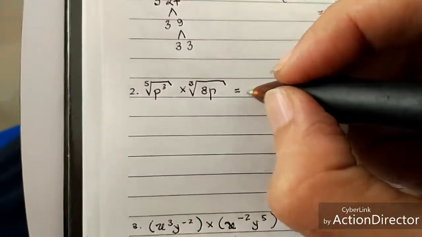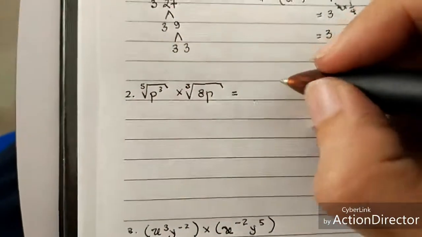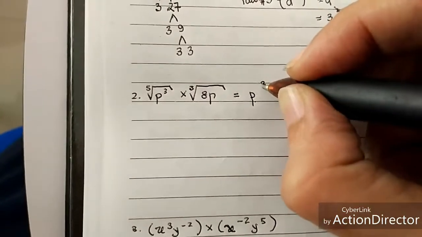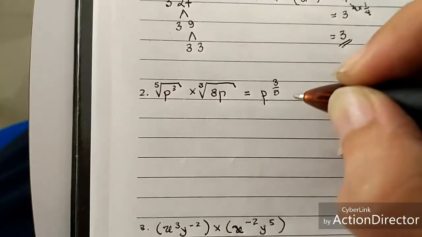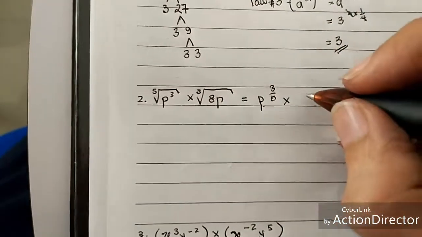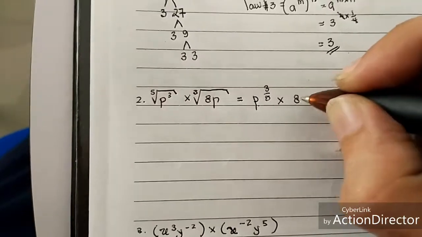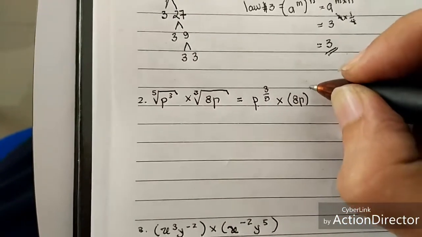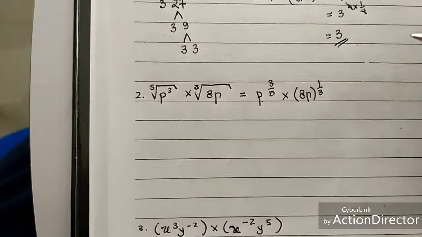So this one becomes p to the power of 3 out of 5, times, how about this? It will be 8p to the power of 1 out of 3.